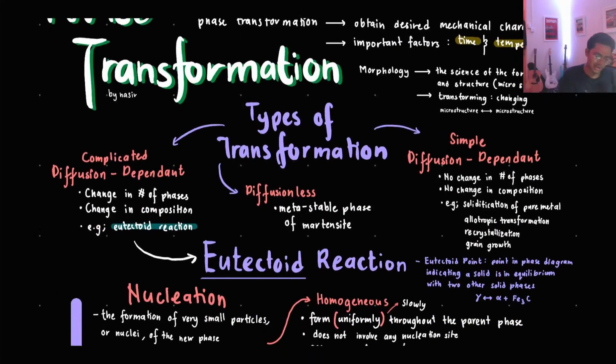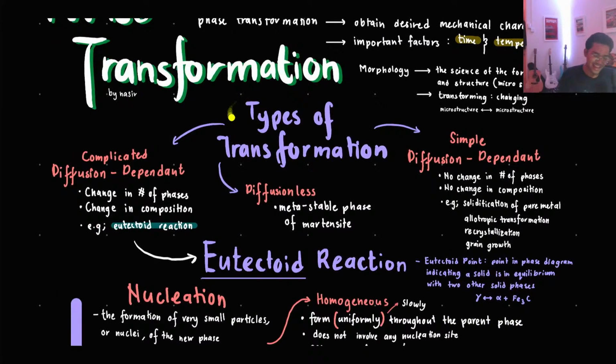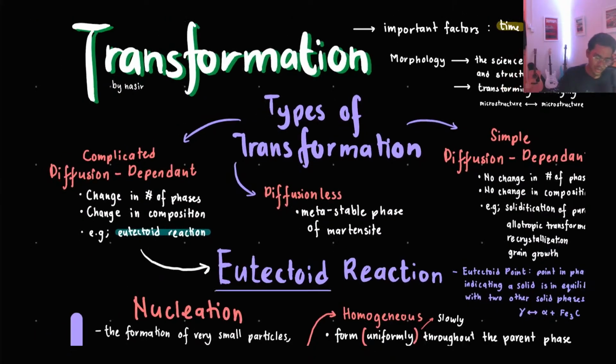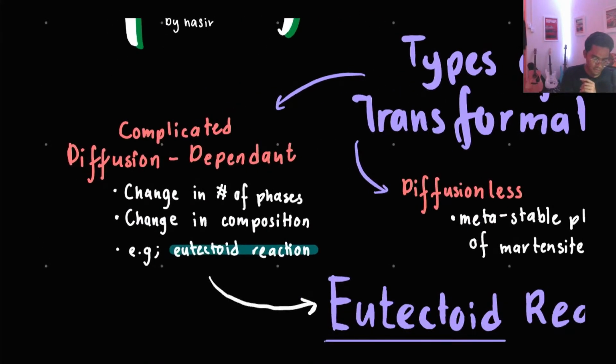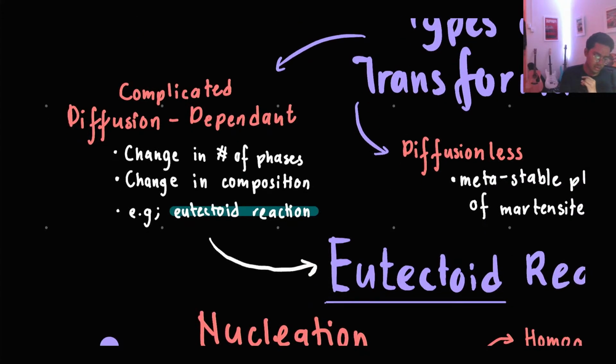So now we see what the types of transformation are. If you want to change a certain microstructure, there are many types of transformation. First we go into the complicated diffusion: a change in the number of phases and a change in composition.